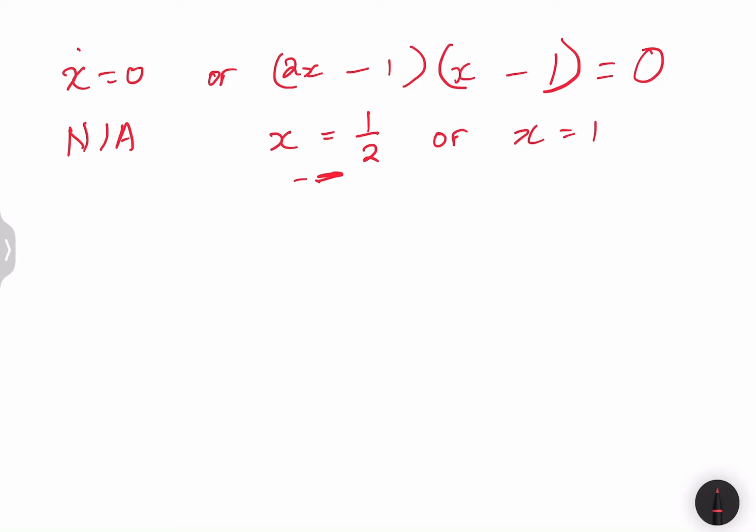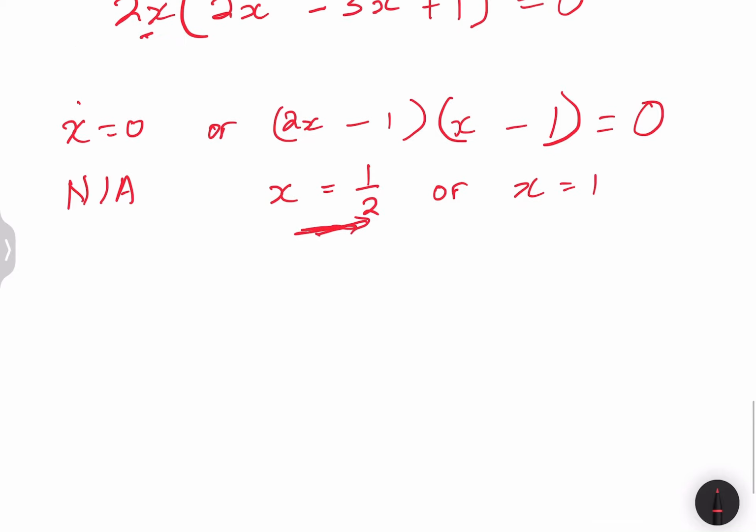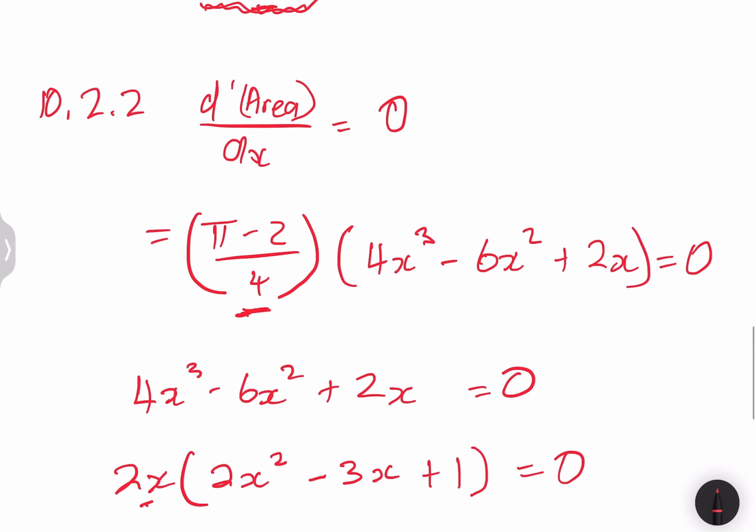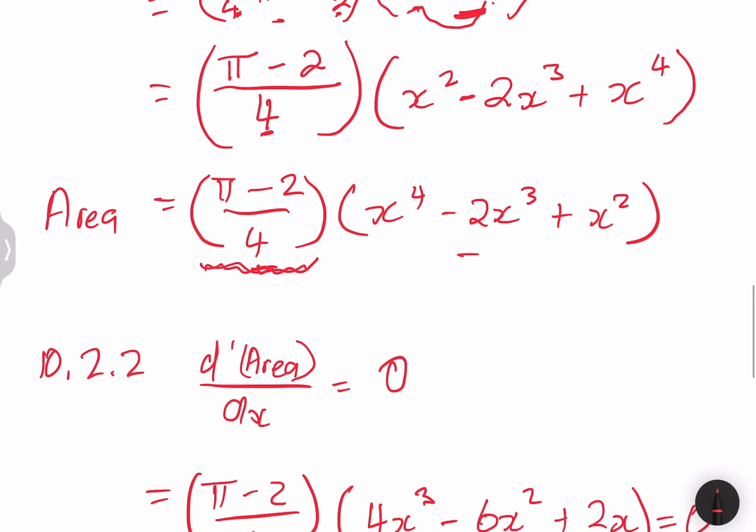Now let's check the other one. If we take x equal to 1 and substitute it back into the original equation, that will be 1 to the power 4, that will give us 1. 1 cubed will still give us 1 times negative 2, that will be minus 2, plus 1.